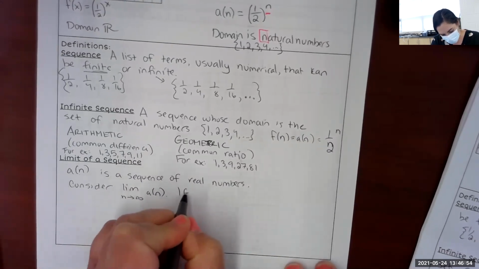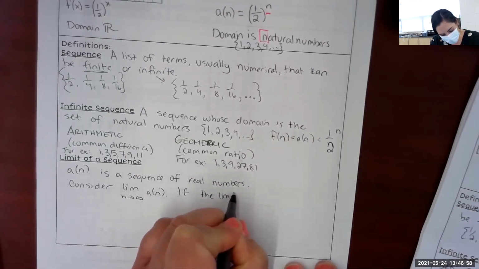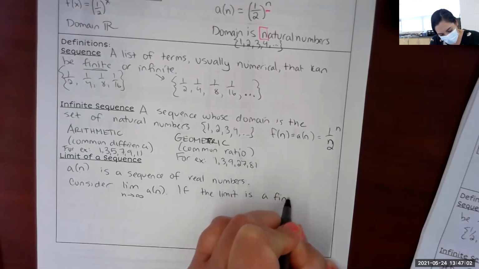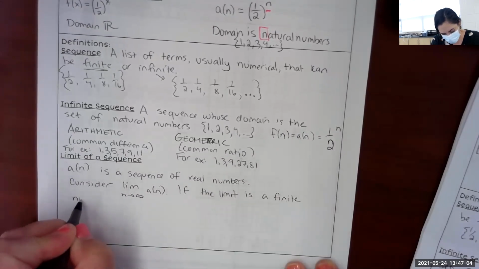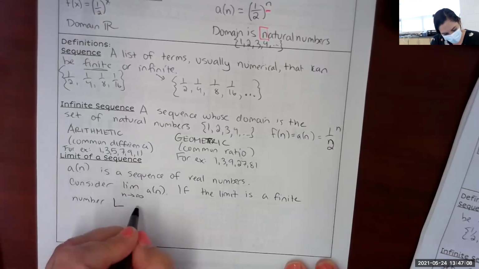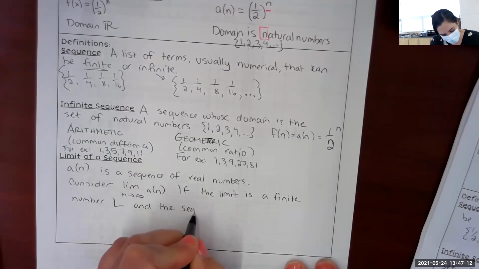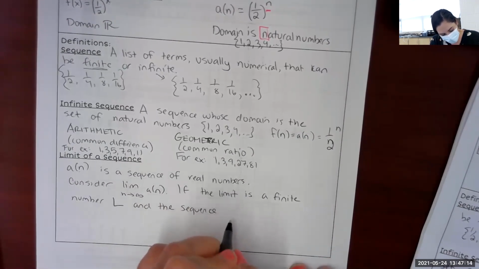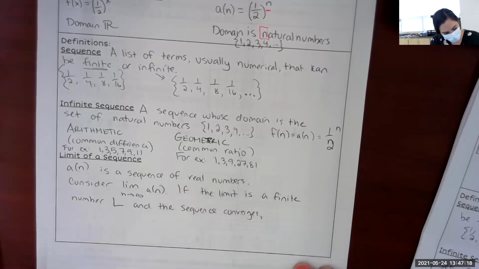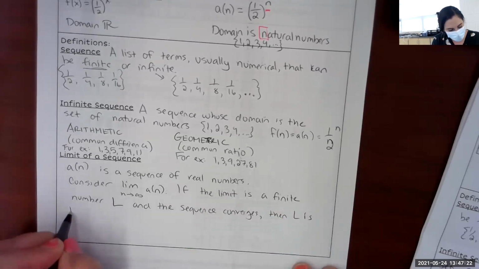If the limit is a finite number, we'll just call it L for limit, and the sequence converges, then L is the limit of that sequence.